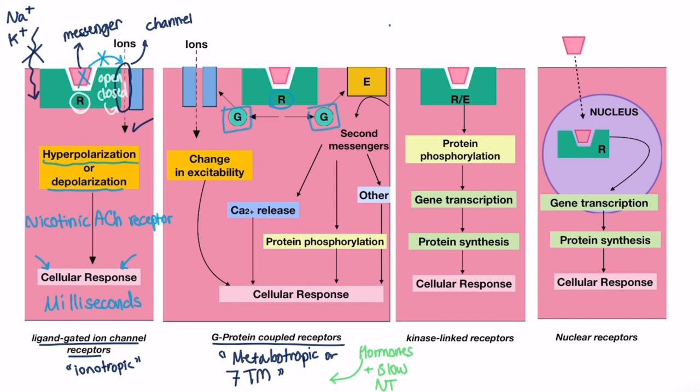G protein is usually attached to the cell membrane inner surface, and it acts as a signal protein. When the chemical messenger binds to the receptor binding site, the receptor protein changes its shape, so the G protein can bind to it from the inner surface.